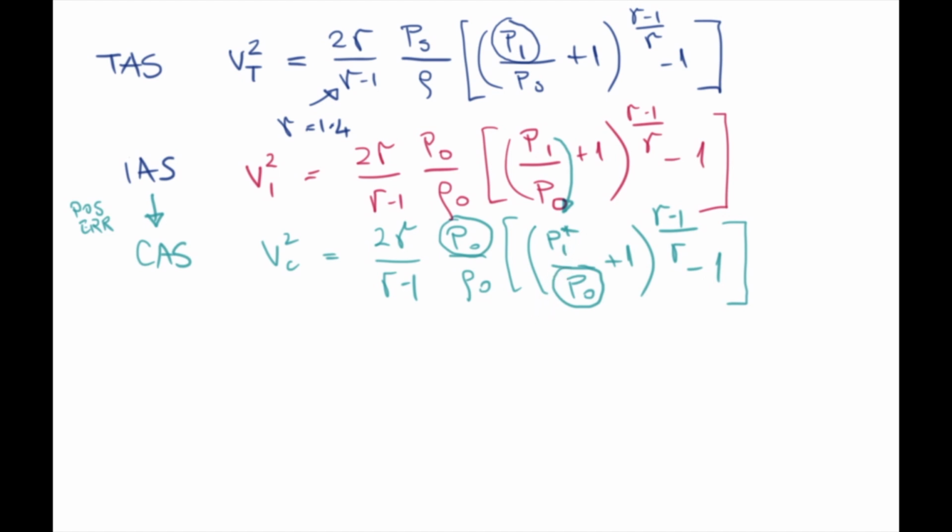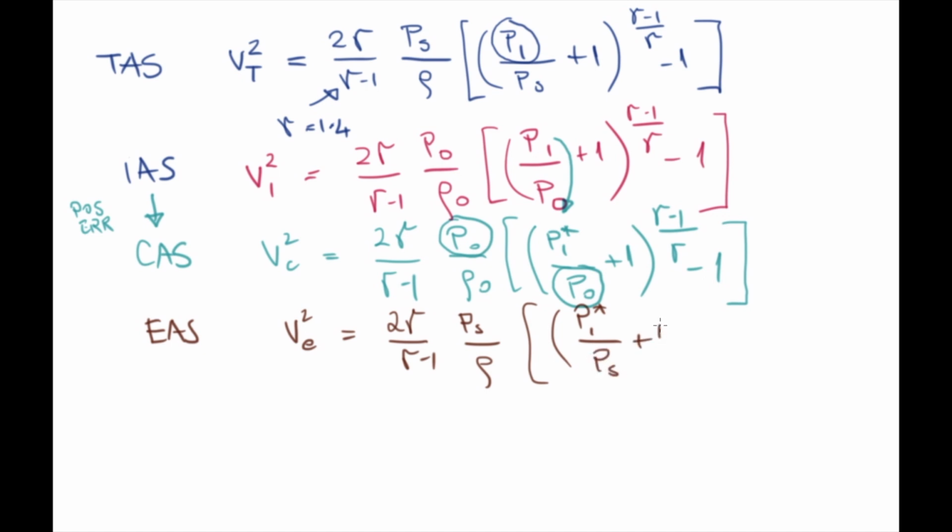So if we replace that with the actual static pressure, we end up with something called EAS, or equivalent airspeed, which has an actual static pressure. It has this improved impact pressure, and again the static pressure.